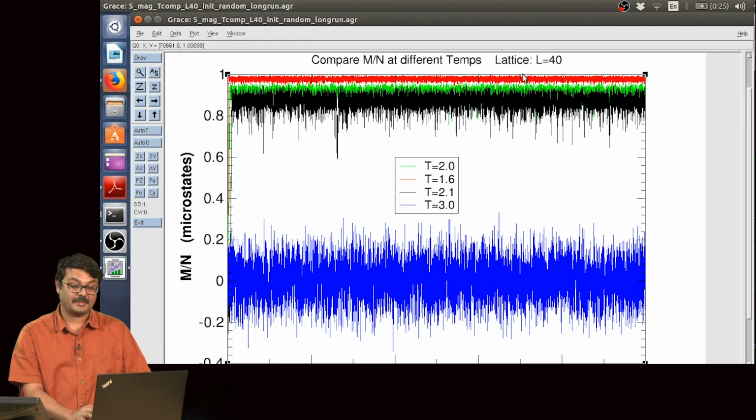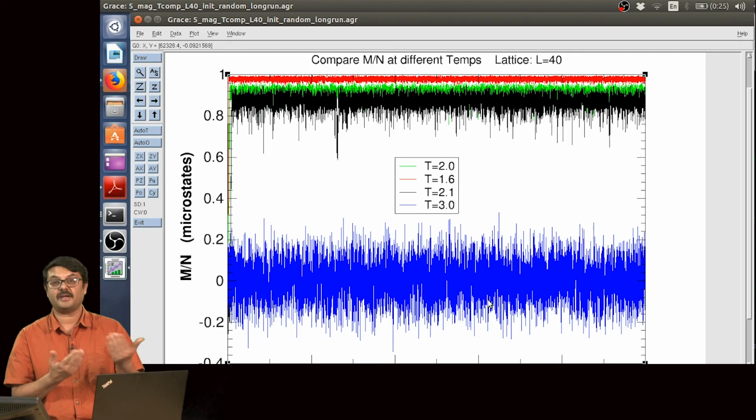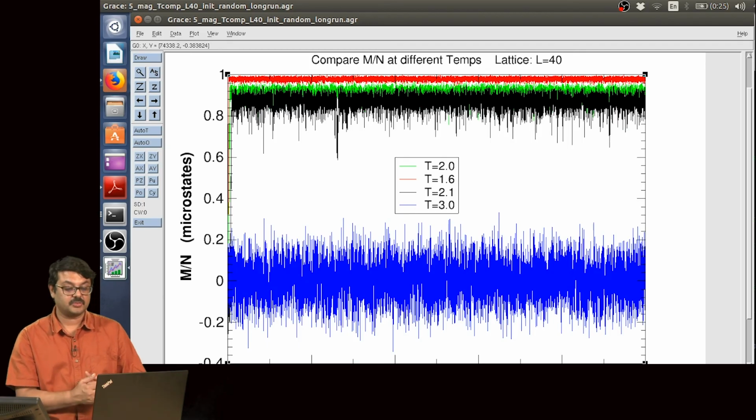So, this is a magnetized state at temperatures 2, 1.6, 2.1. You are getting a finite value of the magnetization, it is fluctuating about an average value, but at T equal to 3, you see the magnetization has become 0, which means you have an equal number of spins pointing up and down, and of course, that is fluctuating. So, the magnetized state is lost, the system is disordered, right. You have basically gone above Tc.